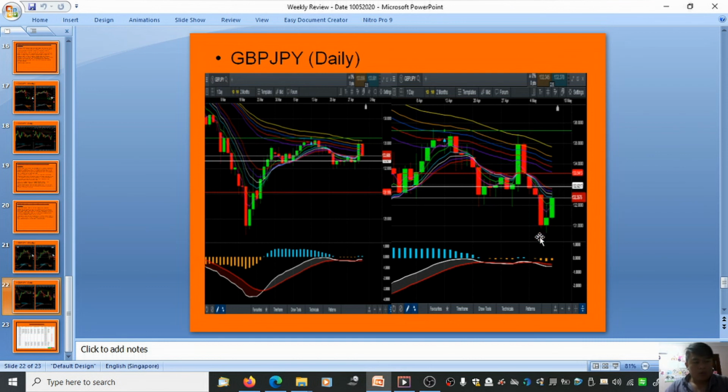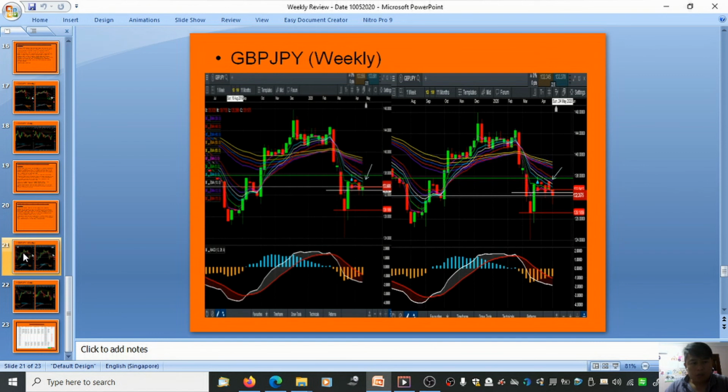So it is still retracing back from this support level. You can see from here they retrace back from this support level, and this is the next support level.